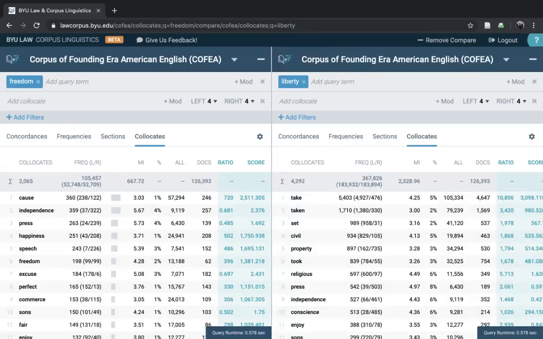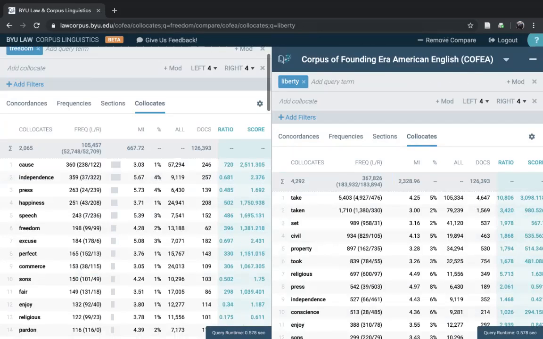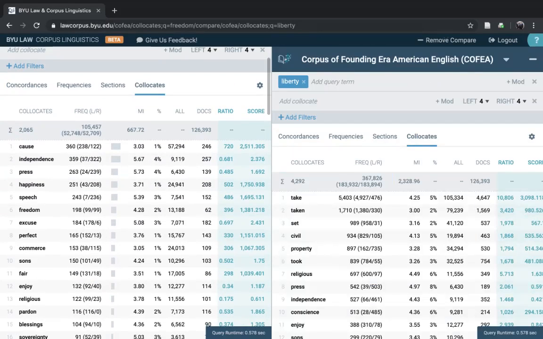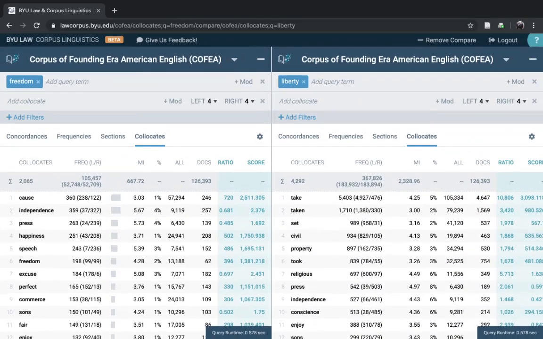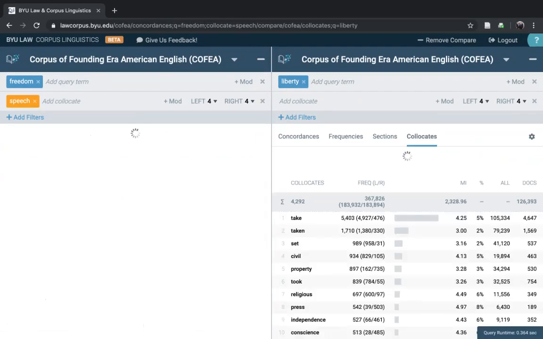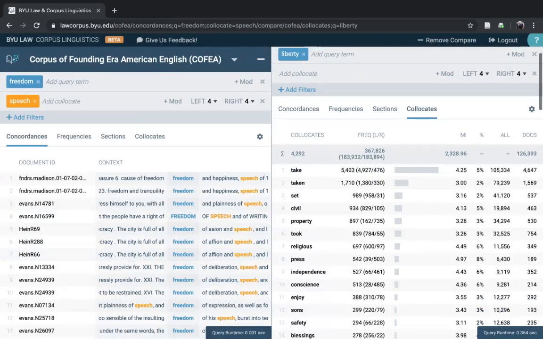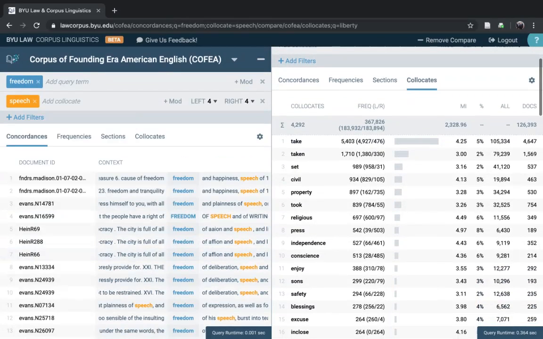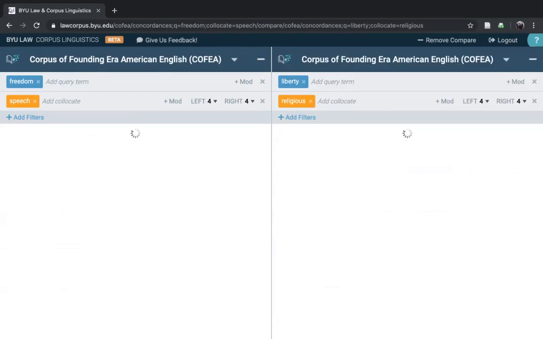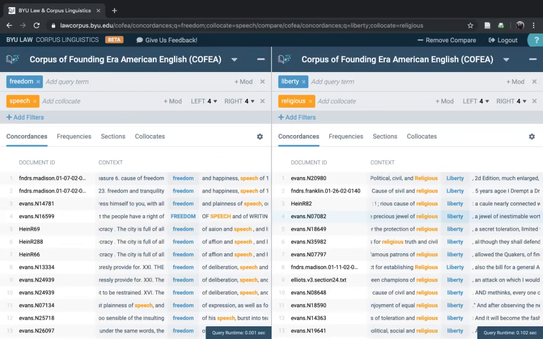So now we get a snapshot of the difference between freedom and liberty. And then, of course, if we're interested in any of these specific collocates, maybe we want to see how freedom and speech looks, we just click and it will take us into the concordance lines. And maybe we want to compare that for whatever reason with liberty co-occurring with religious. We click there and we're able to look at that.